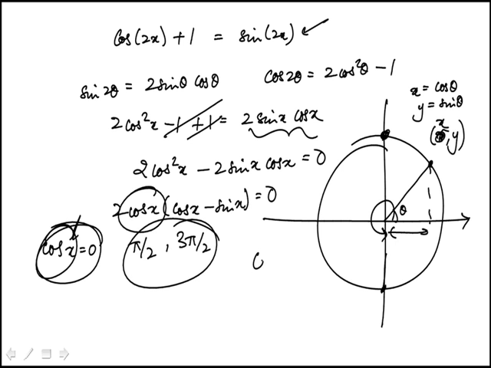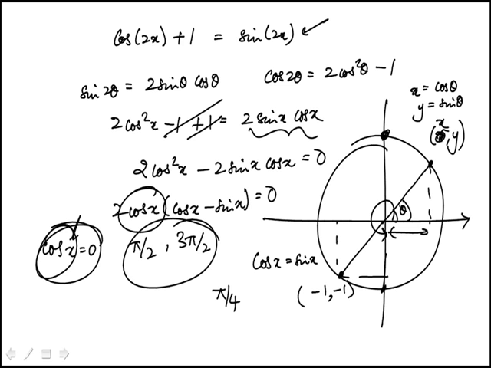Next we're looking for when cosine x is equal to sine x. And that's going to happen at 45 degrees or pi over 4, the first quadrant, and then here, because they're both equal at this point. And this is going to have minus 1, minus 1.